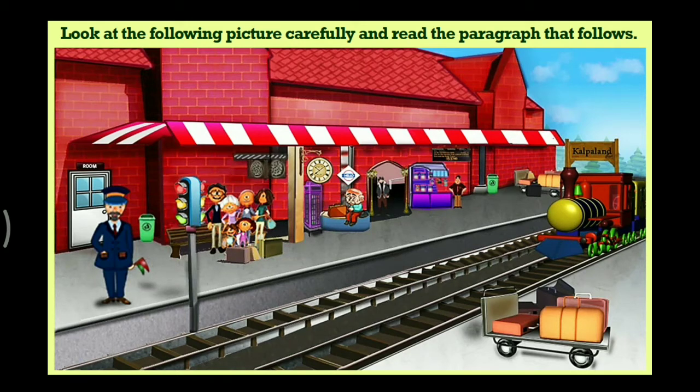Traffic signals are there and it is standing on the platform. And some people are waiting for the train, and there is a big clock. There is a kiosk where some water bottles are kept, and a vendor is standing along with the kiosk. And yes, a dustbin is also there.